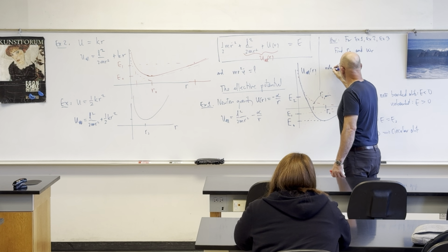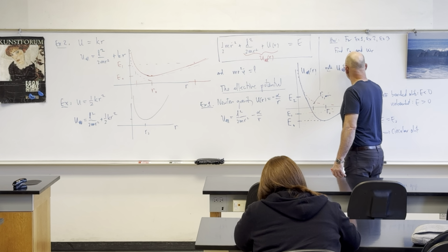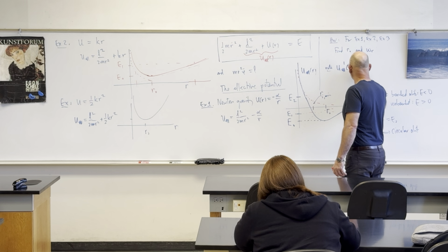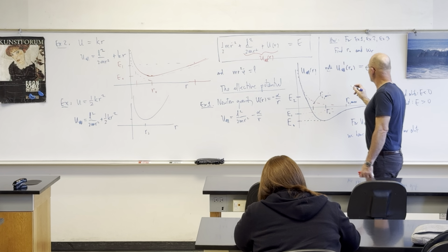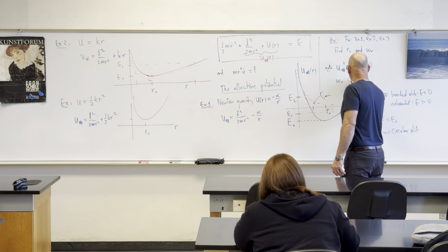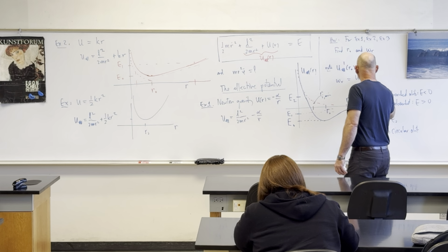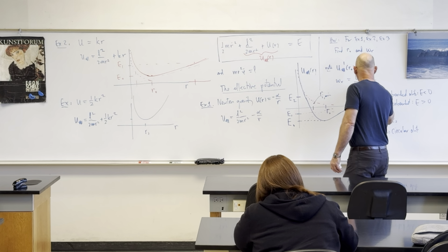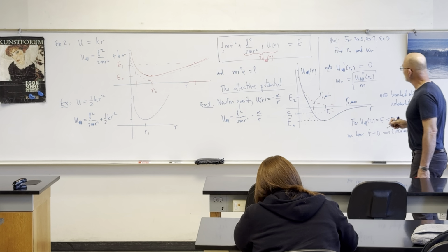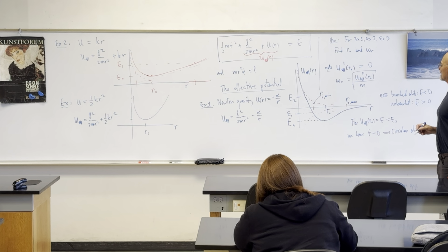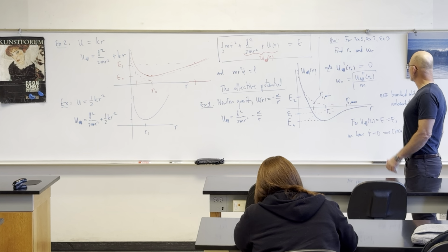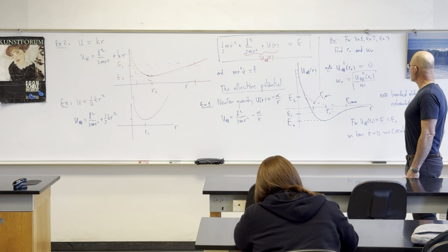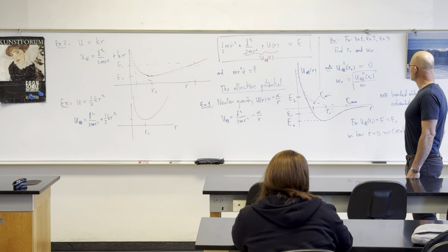And of course what that means is U effective prime of R0 is equal to 0. That's your criterion for finding R sub 0. And omega sub R is equal to the square root of U effective double prime evaluated at R sub 0 divided by M. So those are the things you're doing. Go ahead and include a nice labeled graph and everything, a nice picture in your presentation of this. And we'll use those results later on as well.